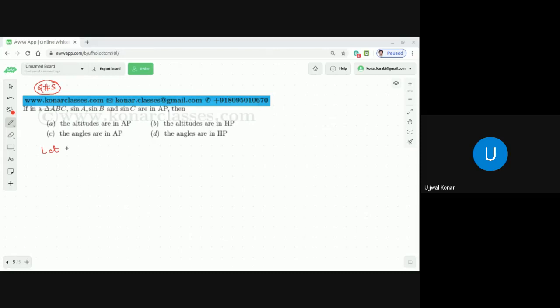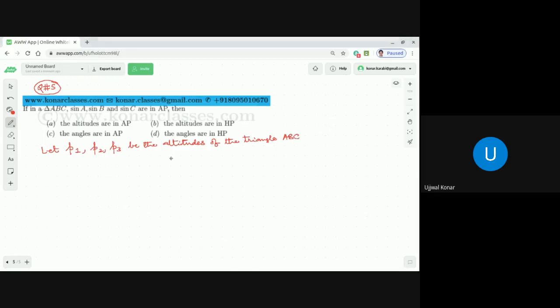Let P1, P2, P3 be the altitudes of the triangle ABC.